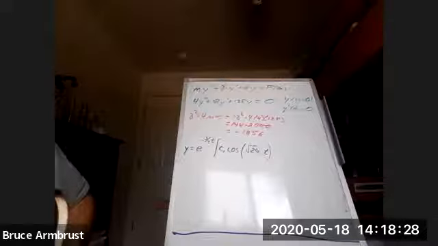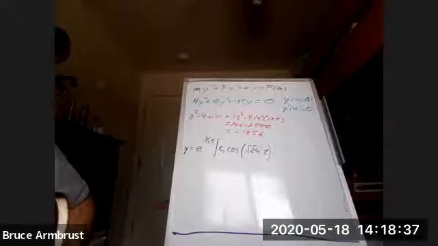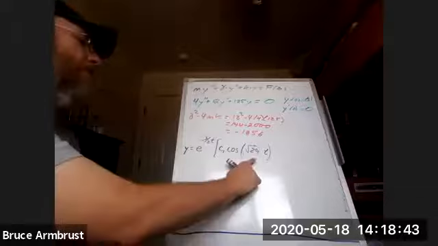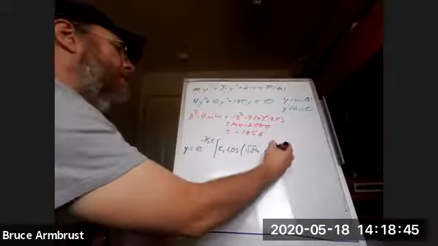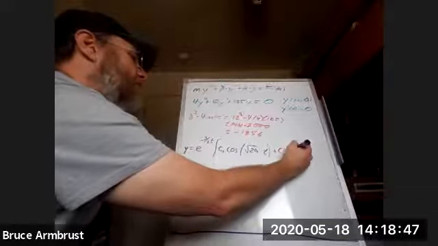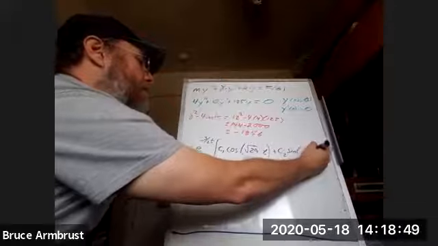Right? 8 root 29 divided by 8 is root 29? Yep. Okay. So we're going to trust these numbers here. So there's C1 cosine of root 29t, and then plus C2 sine of root 29t.